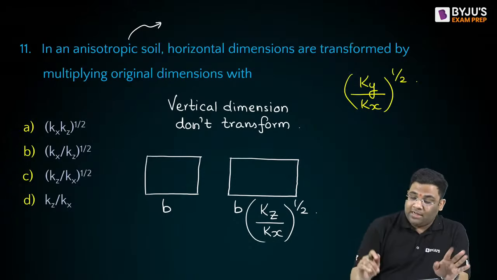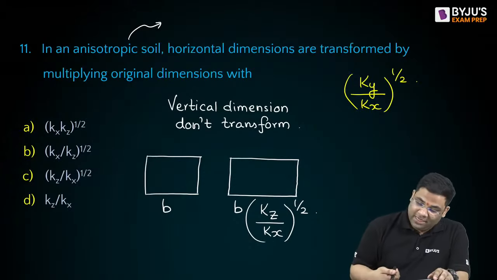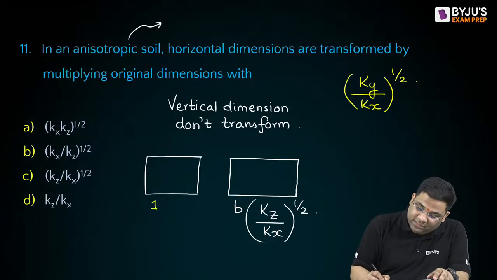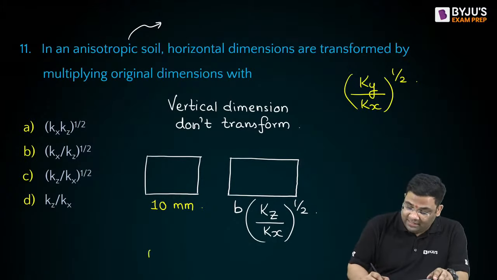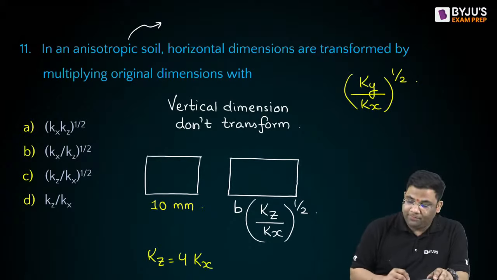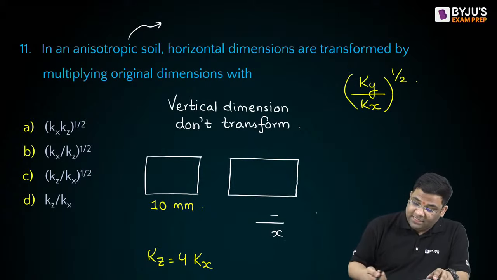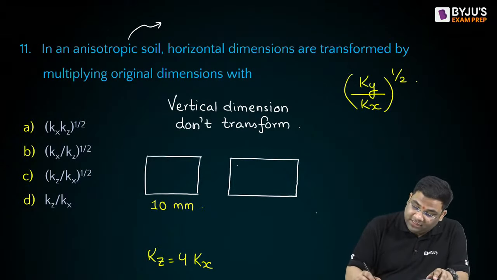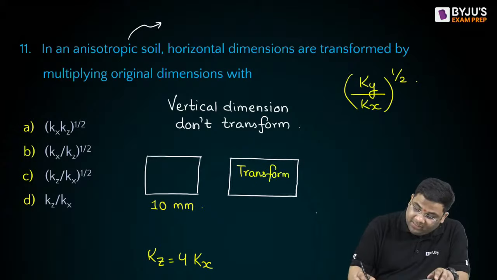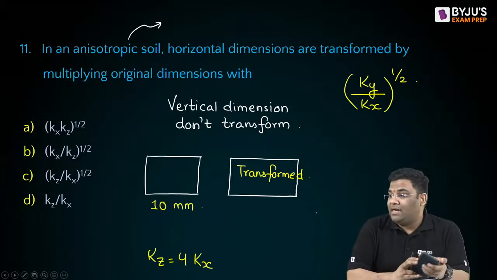Now, they can ask a question like this. Suppose originally this was 10 mm, and I am saying that kz is equal to 4 times kx. Now tell me, in the transformed section, what will be this horizontal dimension? Please write down the answer.